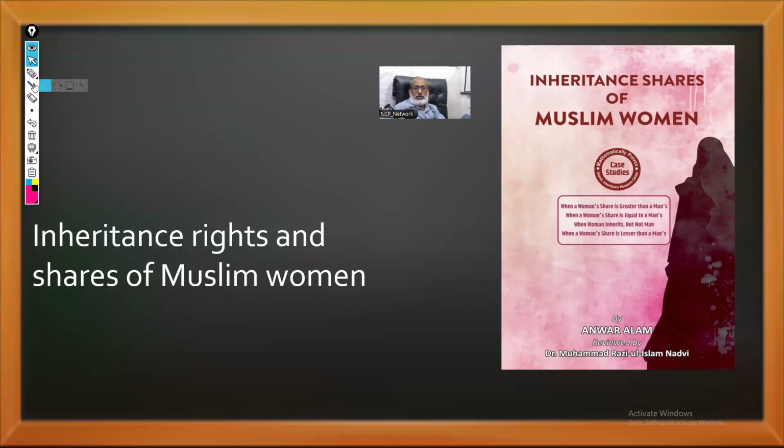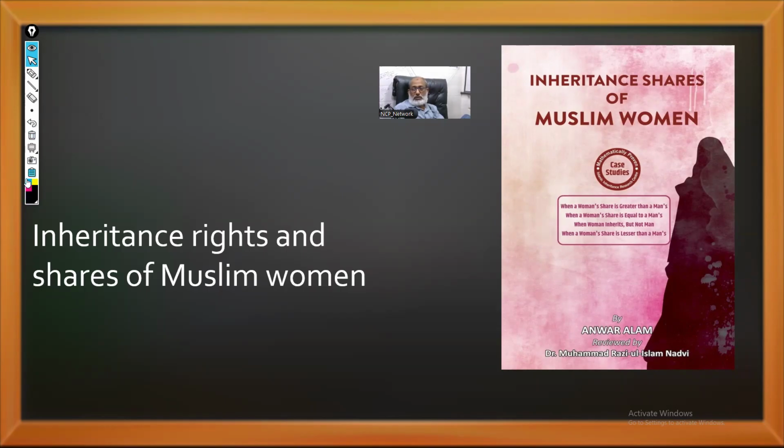I will take a single example from each chapter, so that I can prove mathematically when a woman's share is greater than a man's, when a woman's share is equal to a man's, when women inherit but not men, and when a woman's share is lesser than a man's. We will take out all these examples.